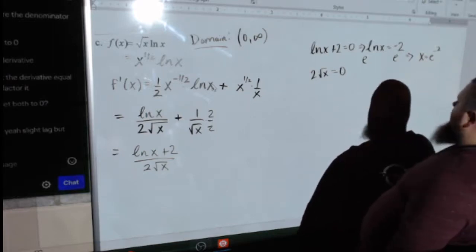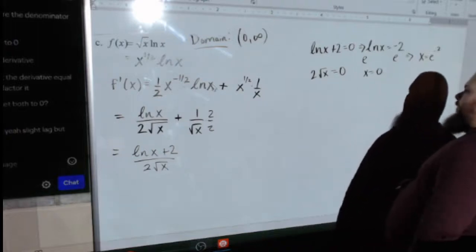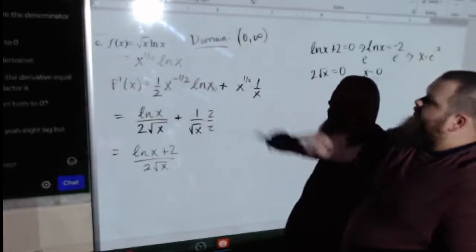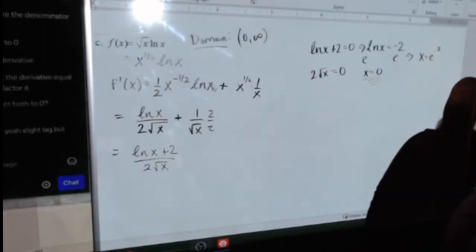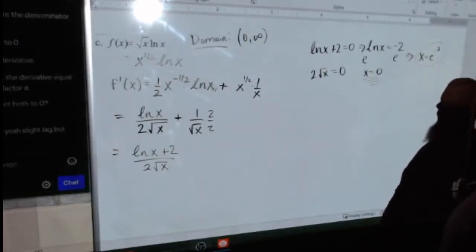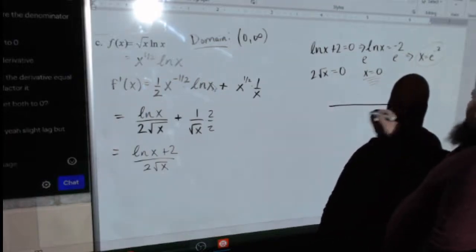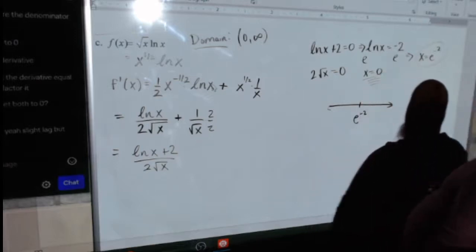And then this one is x equals 0. But recall, we do not include 0 here in the domain, so this is not really a critical number. We've only got this guy. So when we do our number line, we've only got this e to the -2.